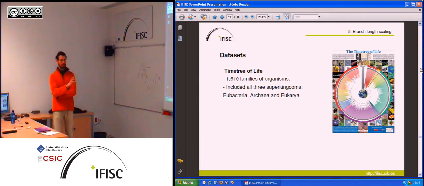So, answering your question about the data, if we are able to get large trees and so on, I think yes.